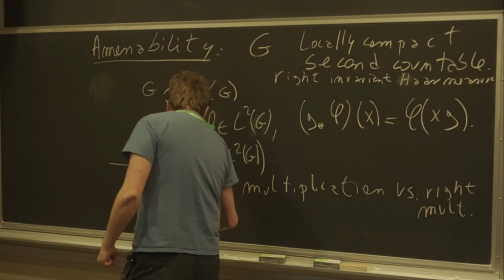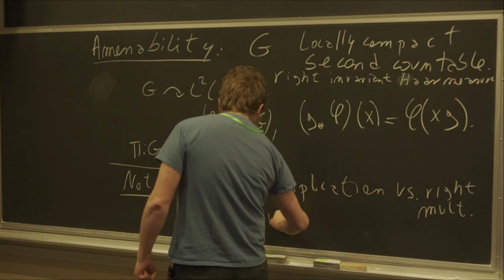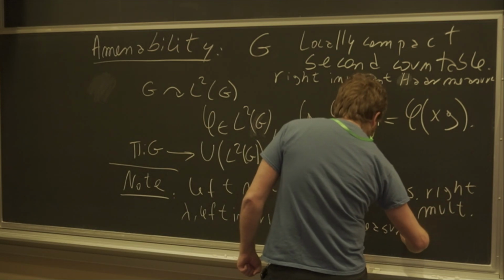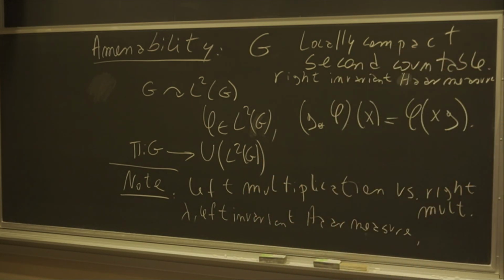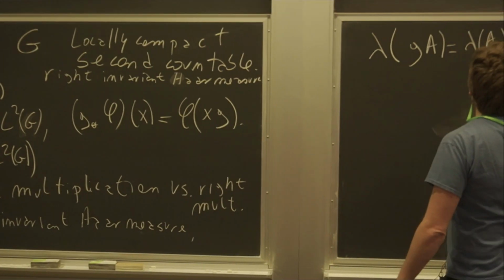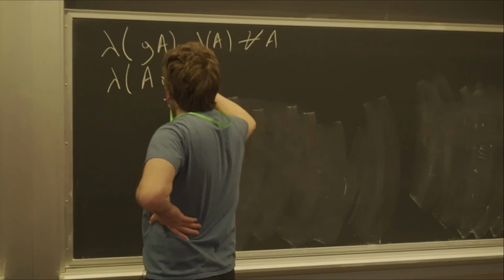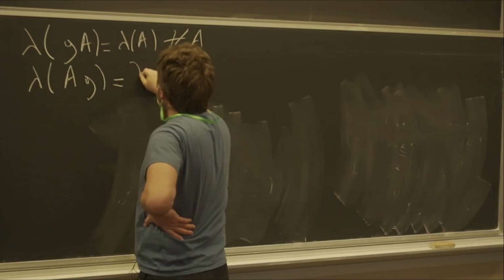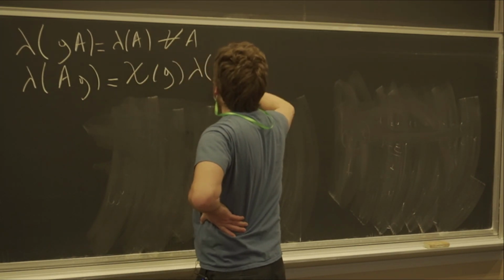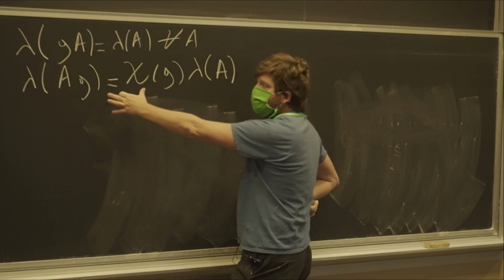So if we pick lambda, left invariant Haar measure, then it means that lambda of gA is lambda of A for every A measurable. But then if we multiply on the right, it can be seen, it's not really hard, it's quite straightforward, that it just multiplies the measure by a fixed number that only depends on g.